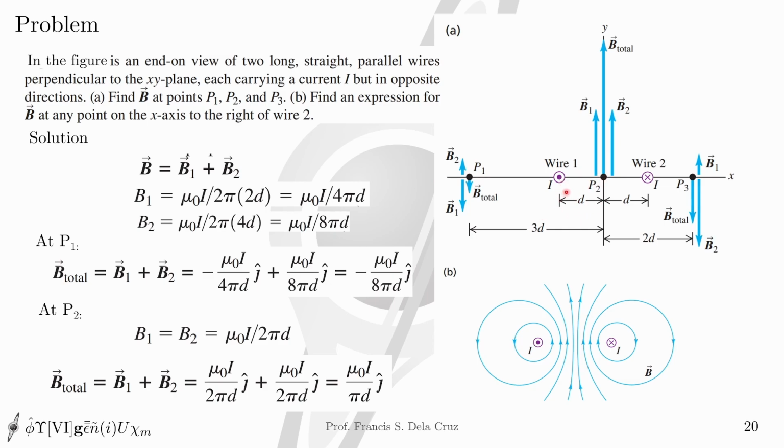Therefore, from the center to P1 is 3D, and 3D minus D gives you 2D. That's the distance between wire 1 and point 1. Therefore, this is the magnetic field due to wire 1.